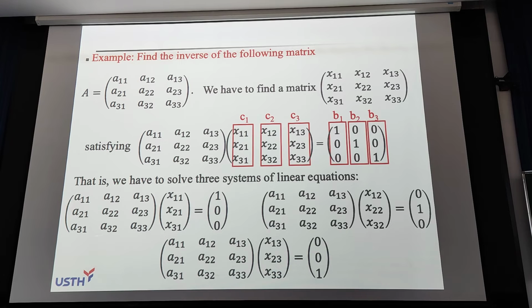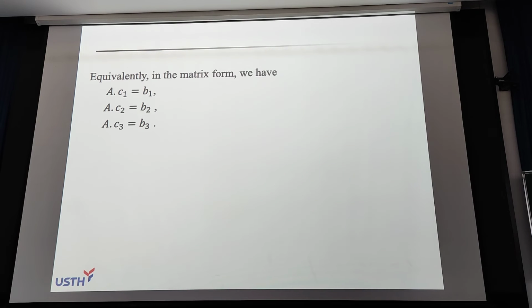These are systems of linear equations, but they have the same coefficient matrix. Now, if I write it in the matrix form, you have A C1 equals B1, A C2 equals B2, A C3 equals B3. Each equation has the same matrix A.